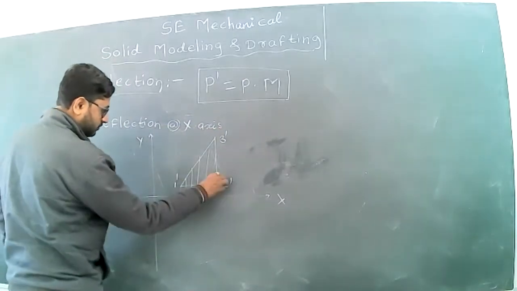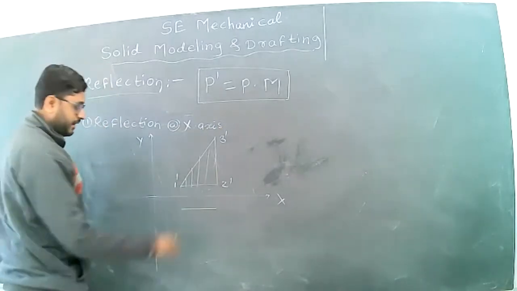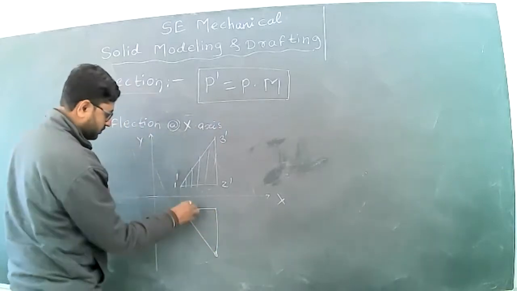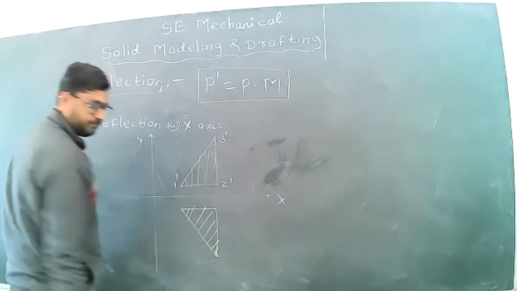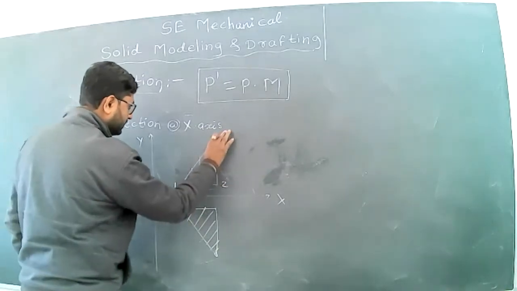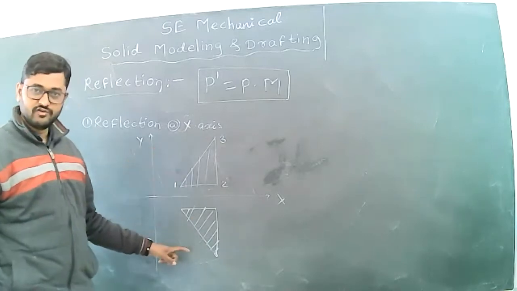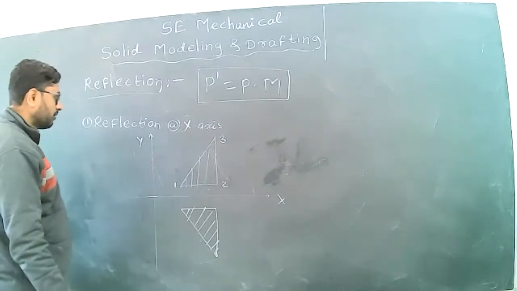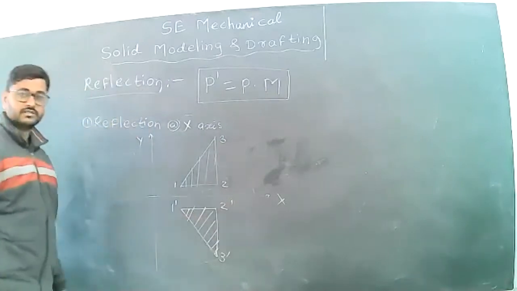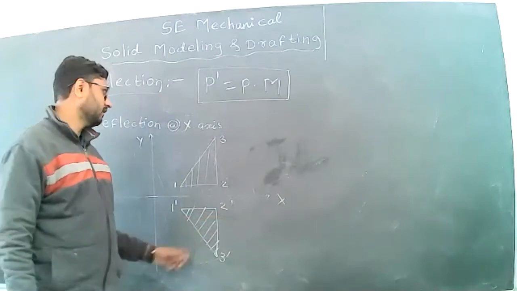We have to reflect this triangle about the x-axis. This one is our original triangle, and we have to reflect it about the x-axis as 1 dash, 2 dash, and 3 dash. This 1 dash, 2 dash, 3 dash is our reflected triangle.